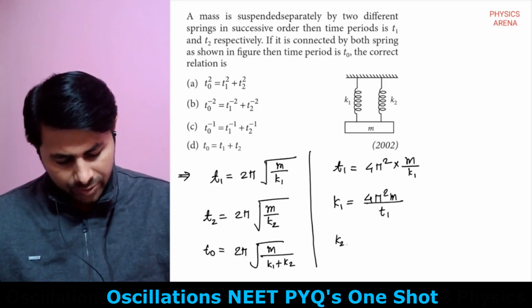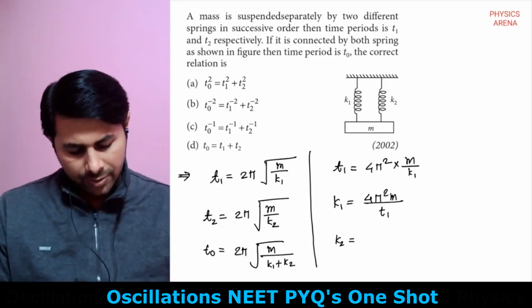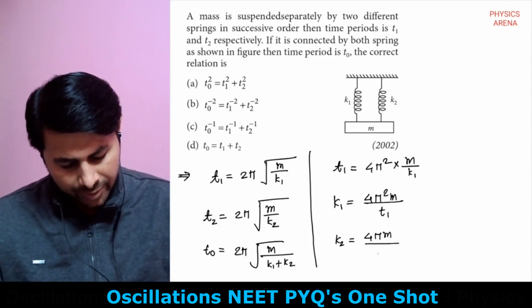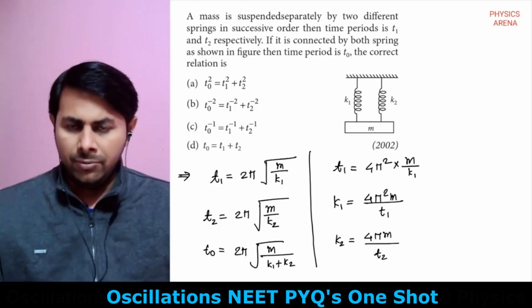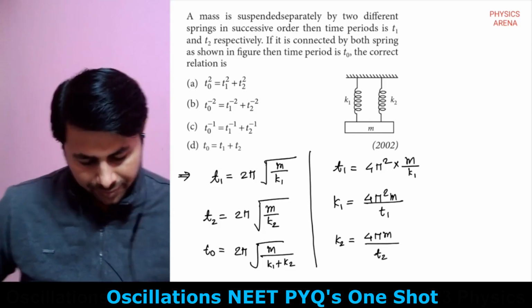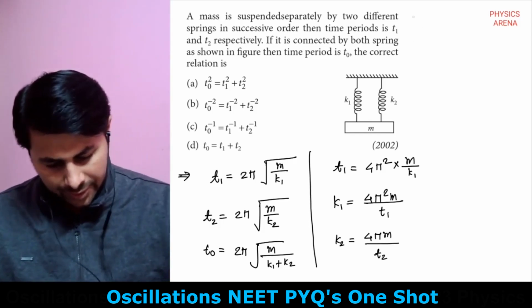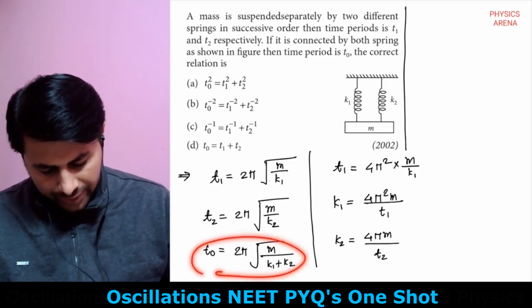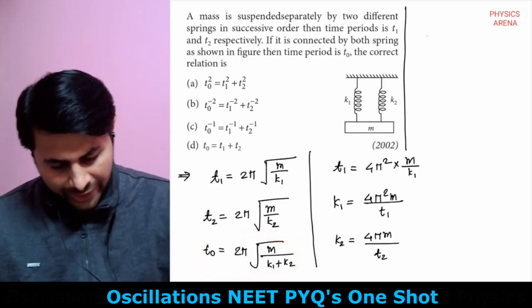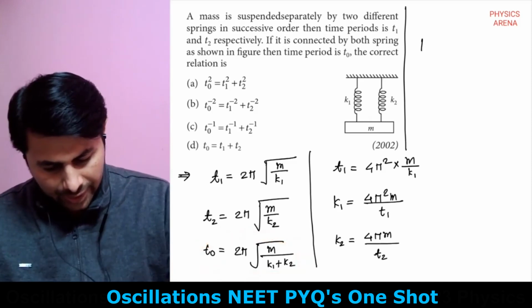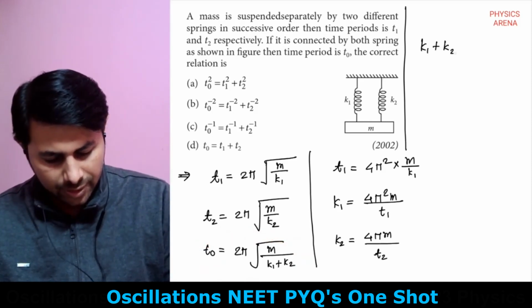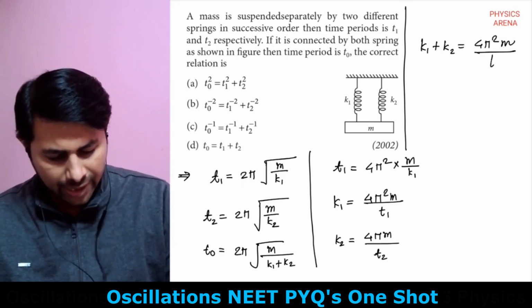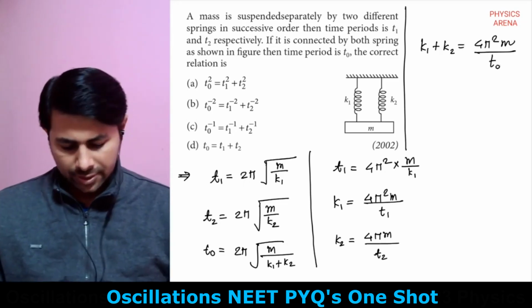Similarly, K2 equals 4 pi square m upon T2 squared. Then you can square this one also. So we get K1 plus K2 is equal to 4 pi square m divided by T naught squared.